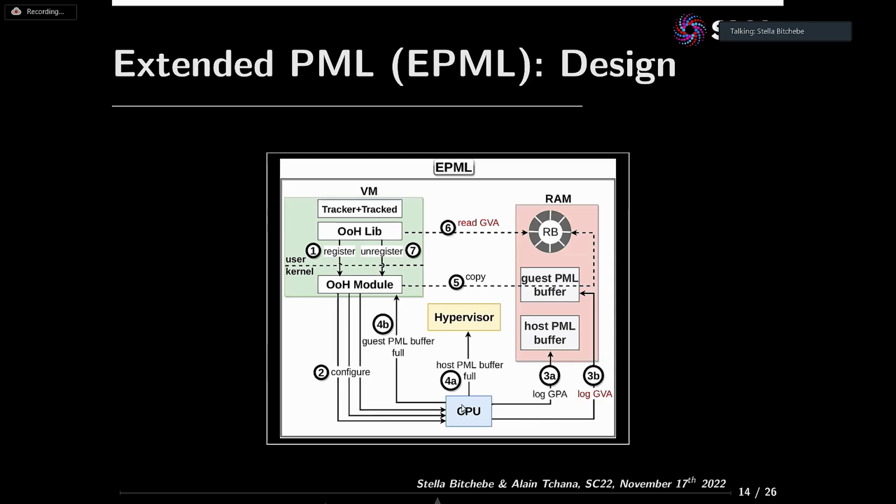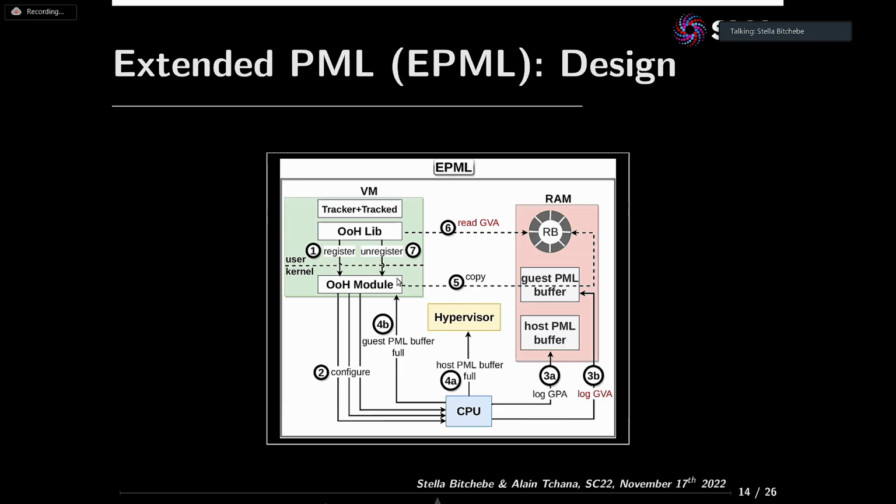And when this guest PML buffer is full, where the processor was triggering a VM exit with the initial functioning of PML, the processor now sends a virtual interrupt directly to the virtual machine. Virtual interrupt is also a facility of hardware-assisted virtualization that allows the processor to directly communicate with the guest without going through the hypervisor.